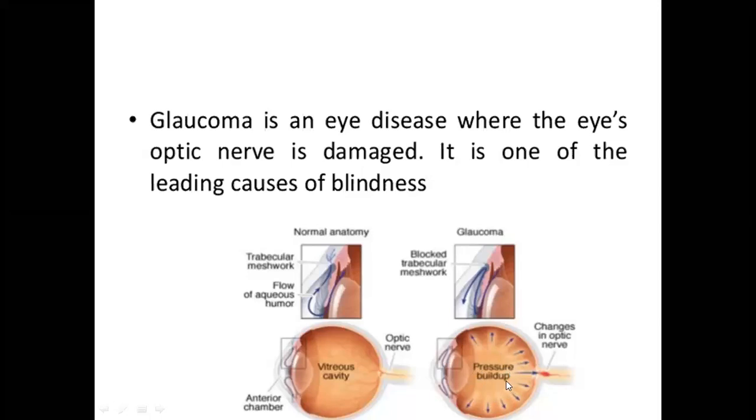This is called glaucoma. Okay? So what is glaucoma? It is an eye disease where the eye's optic nerve is damaged. It is one of the leading causes of blindness. Whether it is open angle or closed angle, it affects the optic nerve and causes damage to it.